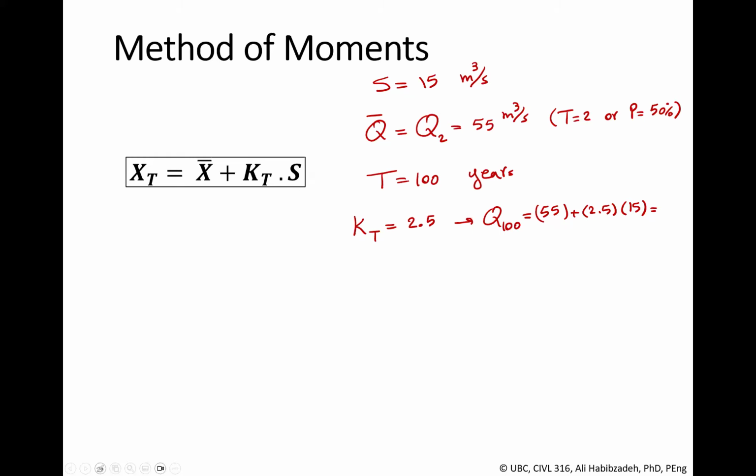So let me summarize what we just talked about. We are really expressing the value of X for a given P or T. You know, we can just convert them easily.